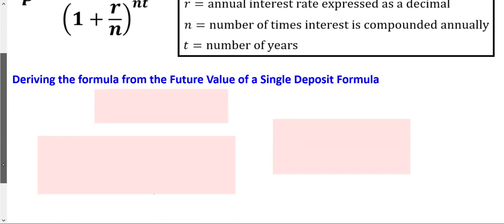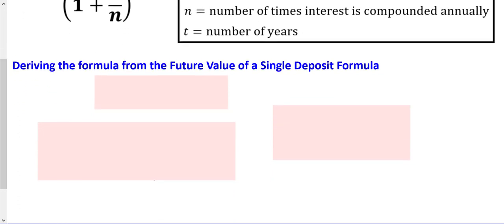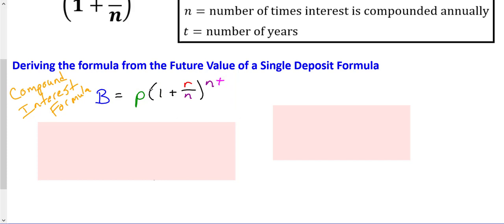To derive this formula for a single deposit, we are going to use the compound interest formula, because that is when we put money in only once. From this, we're going to isolate the P, because in this situation we know what we want our end balance to be. We just don't know what our P should be.